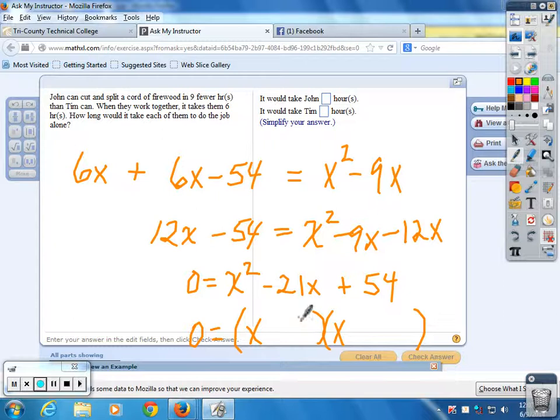See? You got to list all of them. 3 and 18. I forgot all about that. And that would give you a negative and a negative. And we get 0 is equal to x minus 3, which is x is equal to 3, and x minus 18, that would be x is equal to 18.